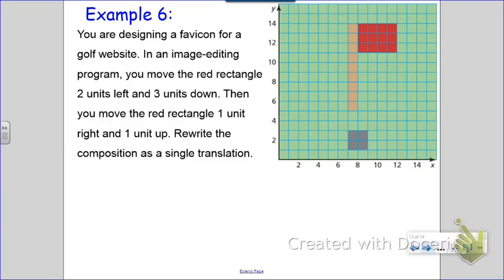Our last example, in an image editing program, you move the red rectangle 2 left and 3 down. Then you move the red rectangle 1 unit right and 1 up. Rewrite the composition as a single translation. Here are the steps for solving.